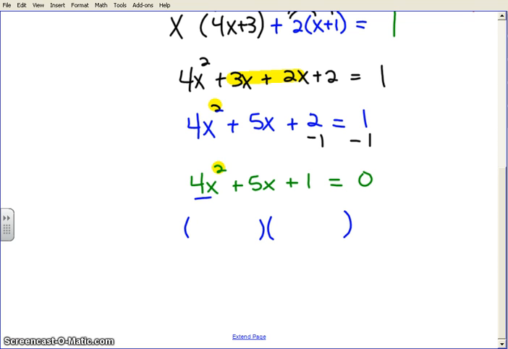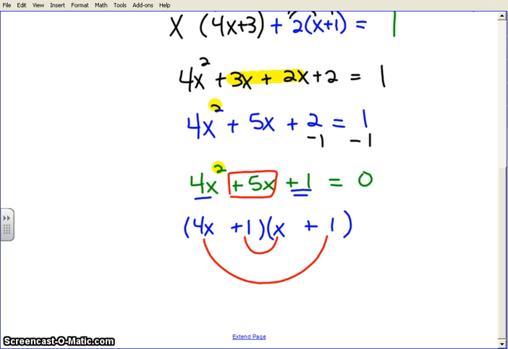So taking that first term, 4x times x gives me 4x squared. The last term is 1 times 1. And just to check myself, 1x plus 4x is going to equal 5x. So the factoring works in this case, so we're going to stick with that.